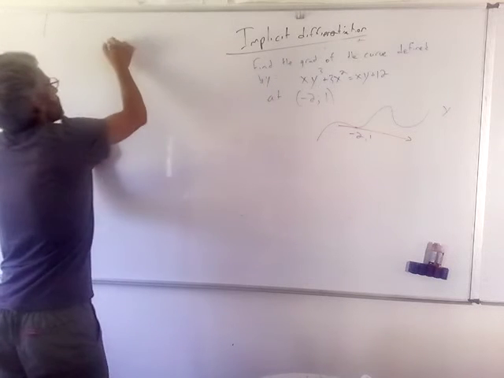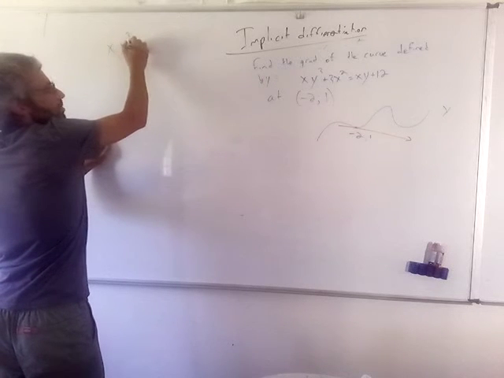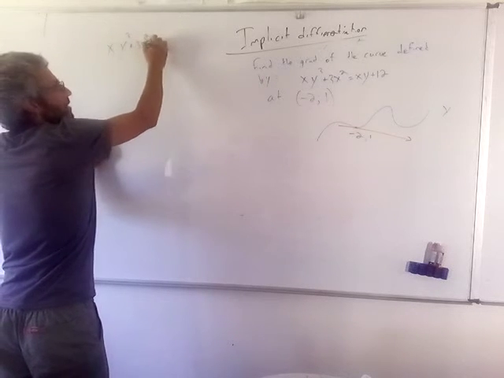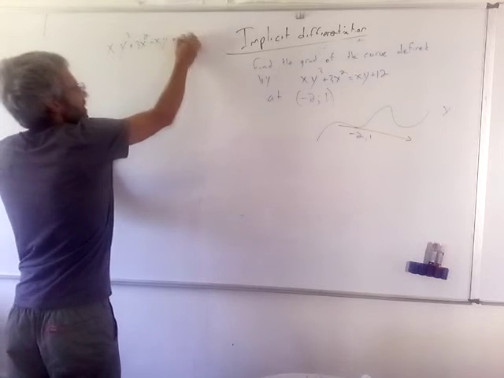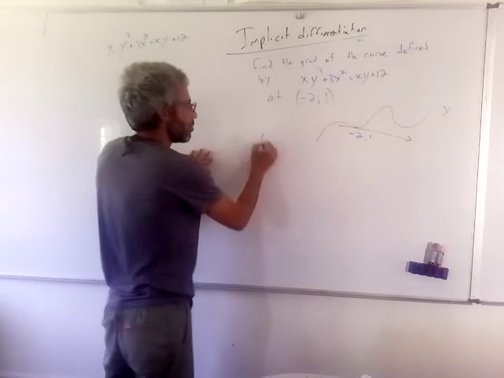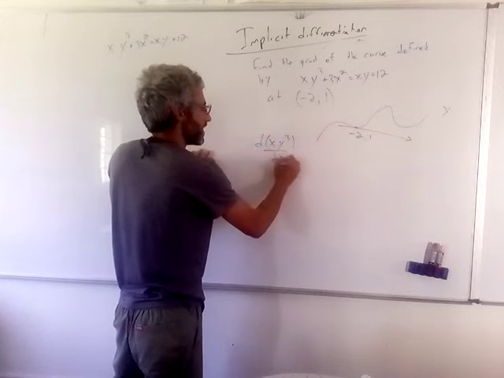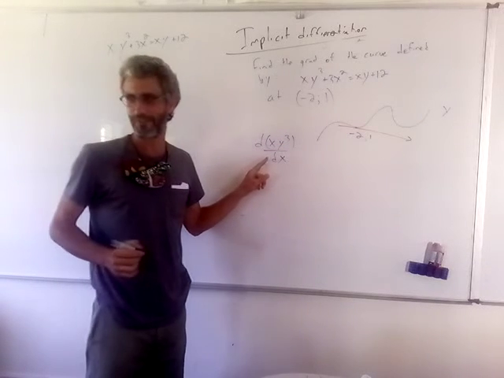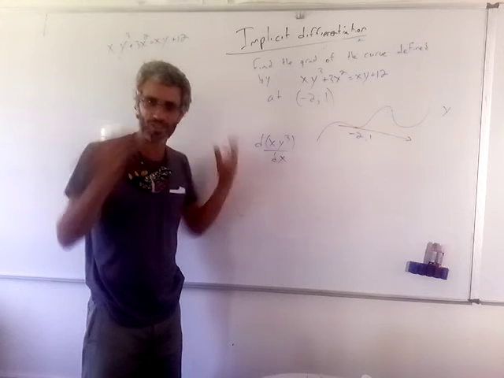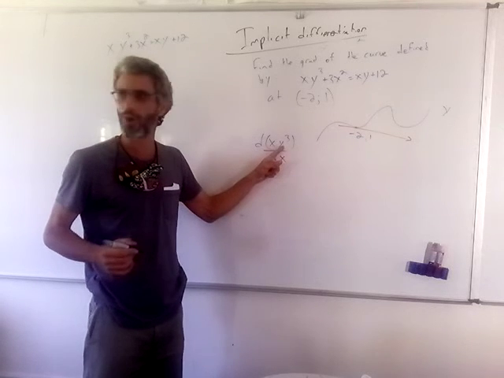Let's write that. I've got the function xy cubed plus 3x squared equals xy plus 12. Let's differentiate them one by one. What will be the derivative of xy cubed with respect to x? We've got a product function here, so you're really using everything we learned today. We've got x times y cubed.